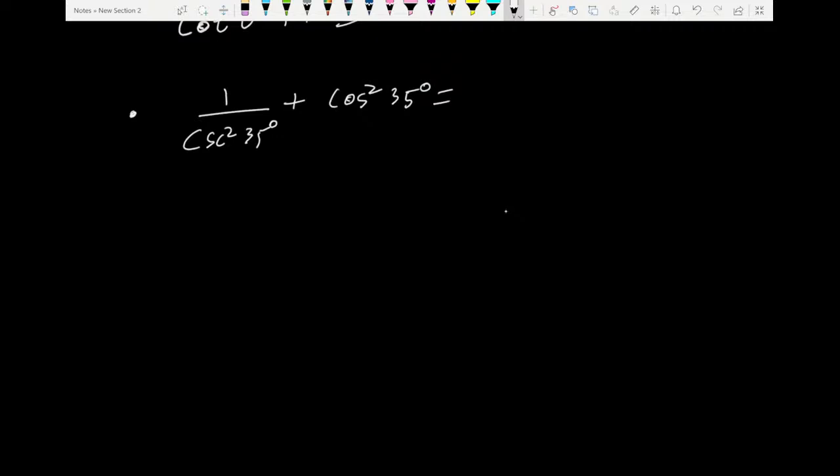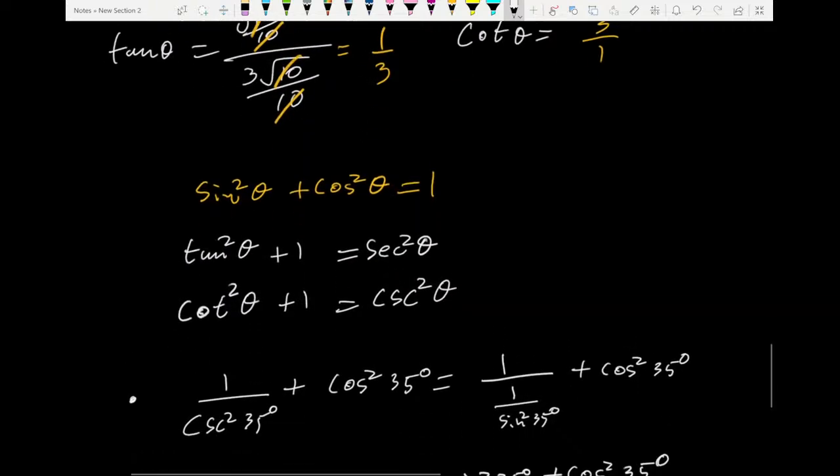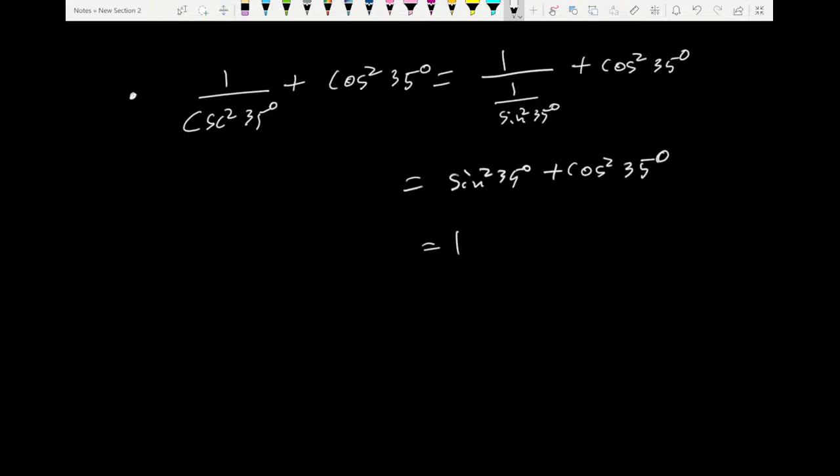The reciprocal of the reciprocal is what? 1 over 1 over sine square of 35 plus cosine square of 35. This just goes to the top. Sine square of 35 plus cosine square of 35. Well, then I could use this property right over here. It tells me it's just 1.